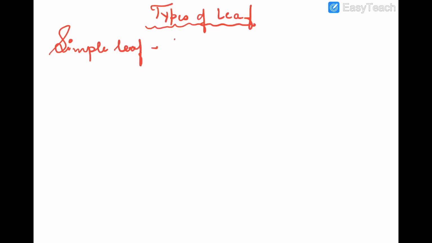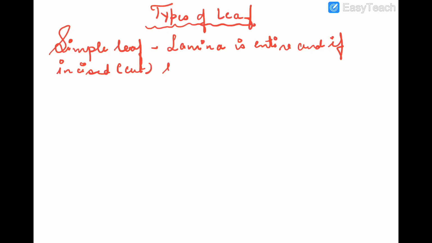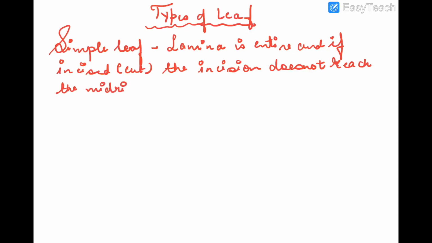It is a leaf in which the lamina is entire, and if incised, that means cut, the incision does not reach the midrib.